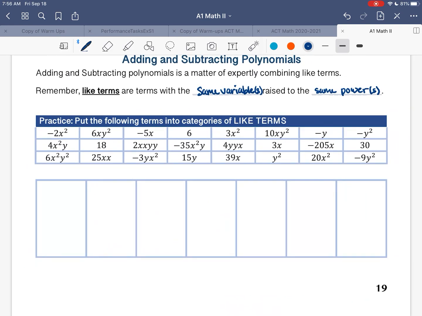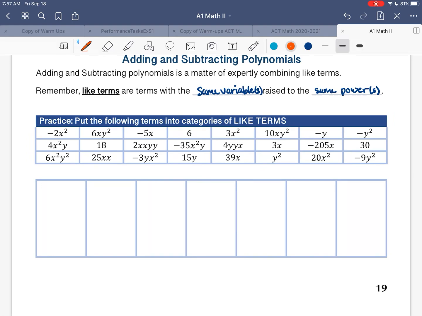So this down here is an exercise in how to recognize like terms. We're putting each of these in a separate category according to what other terms match it. I'm just going to do one of these examples here.